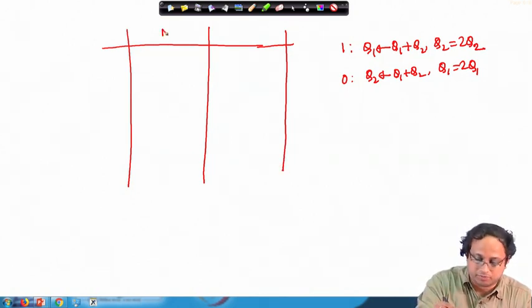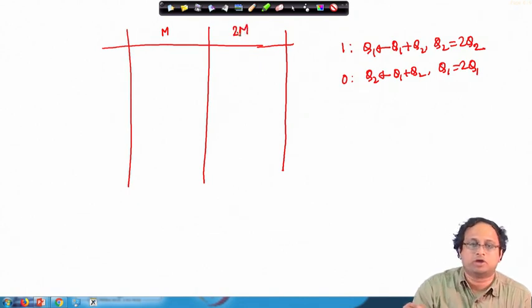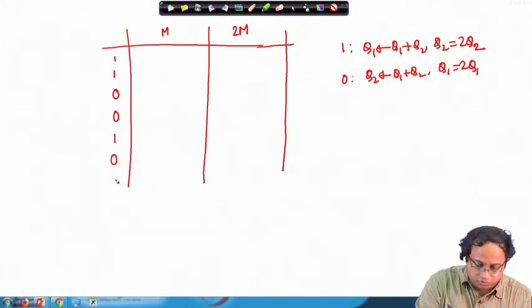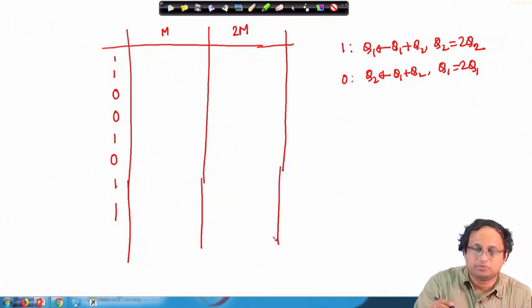In one case I am processing m, that is P equal to m. In the other case I am processing P equal to 2m. And the scalar that I considered is 1 1 followed by 0 0 1 0 1 1. So suppose this is my corresponding scalar which I process.